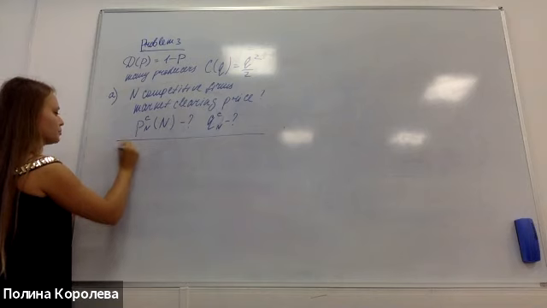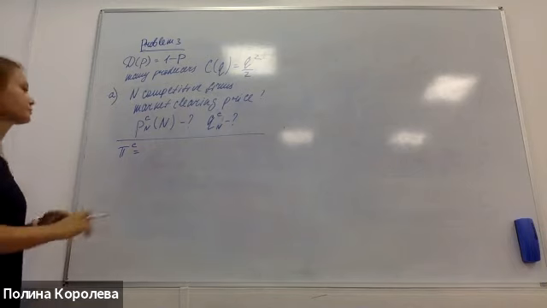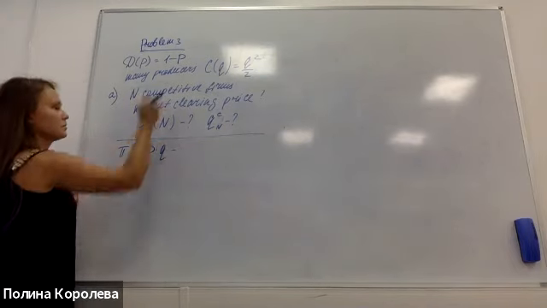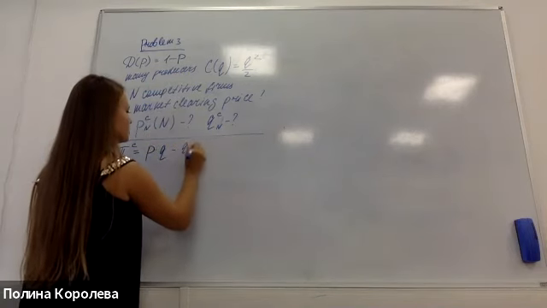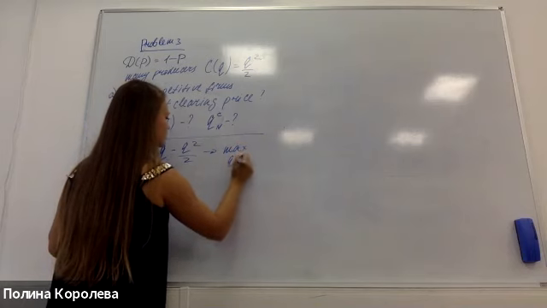Profit maximization program for one small firm in this market is price multiplied by quantity minus total cost Q squared divided by 2. This we should maximize by quantity greater or equal to 0.